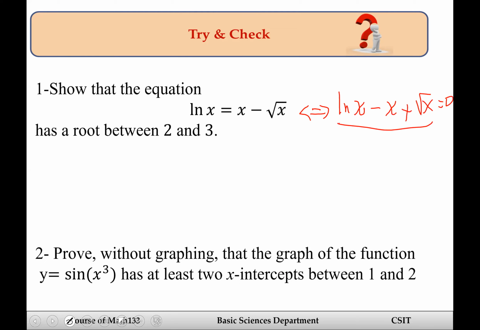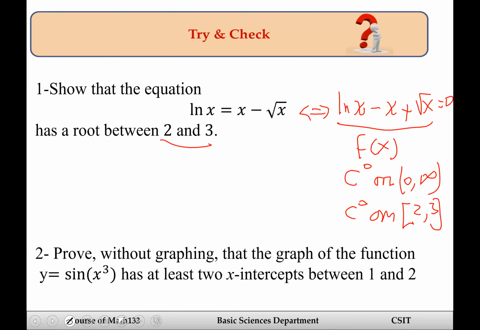And take this as your function f of x. This is a continuous function on its domain of definition, which is (0, infinity). So in particular, it is continuous on the closed interval [2, 3]. Okay, so that's one step.